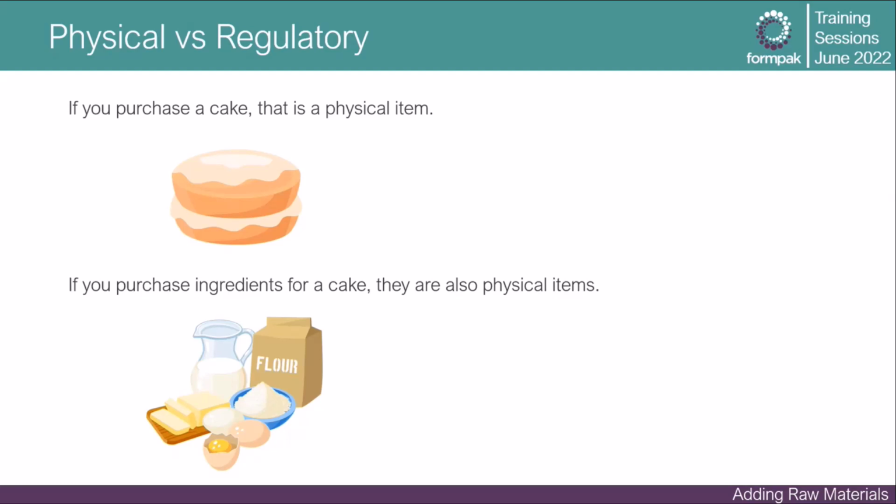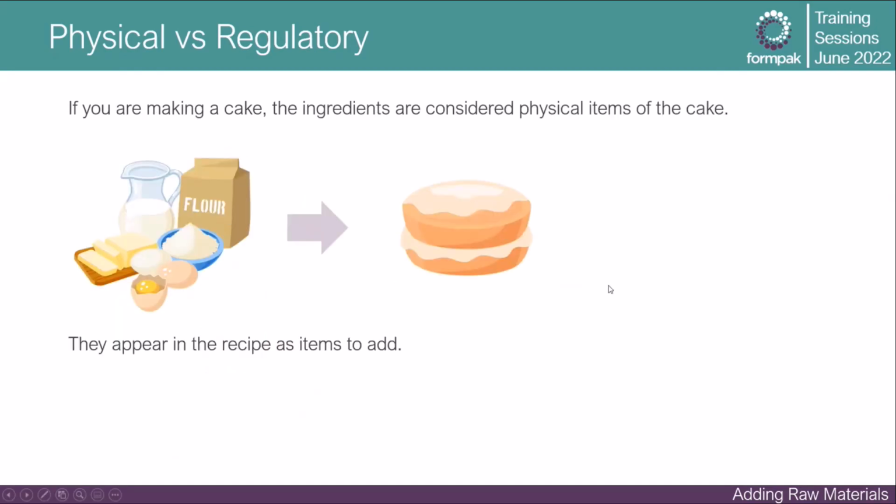These are also physical items: flour, milk, eggs, butter. If you're making a cake from flour, milk, eggs and butter, the ingredients are physical items, and the cake is also a physical item. So they appear in the recipe as the items to add.